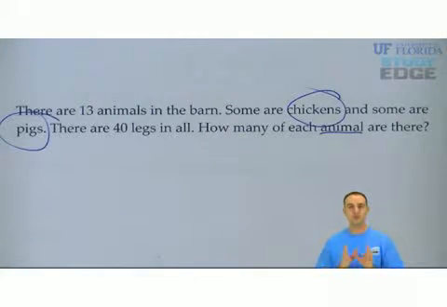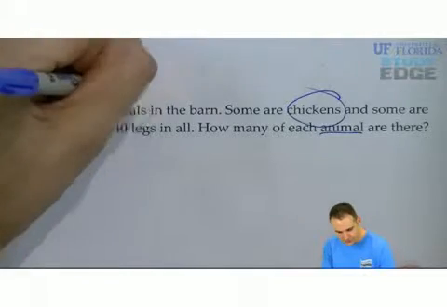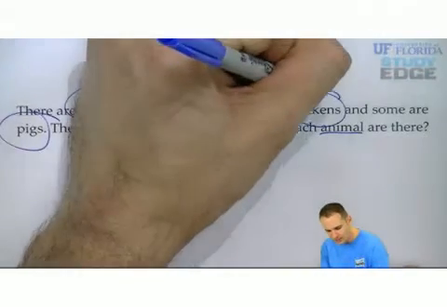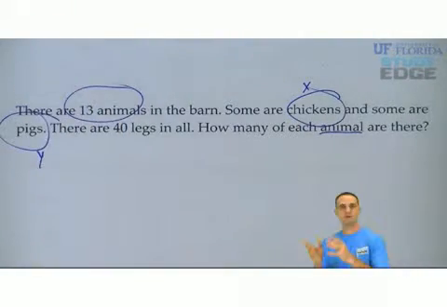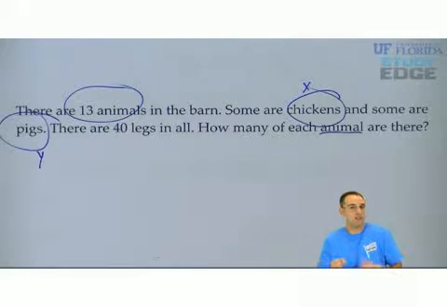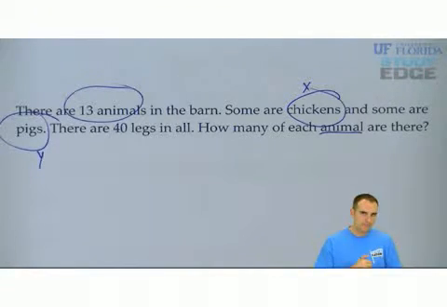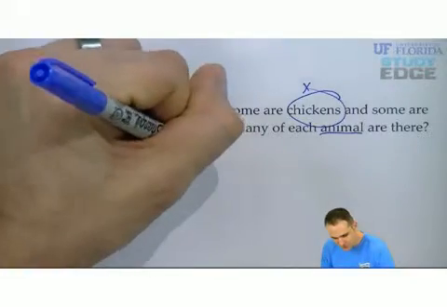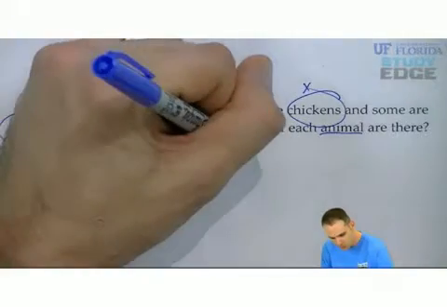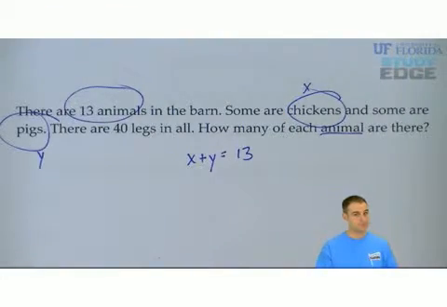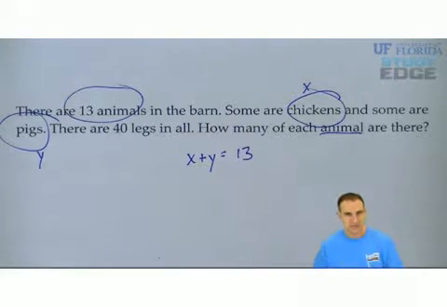How many total do we have? We have a total of 13 animals. I'll call chickens X and pigs Y just because I'm going in order. Chickens came first, pigs came second, X then Y. That means chickens plus pigs will total the 13 animals. What is the other number here?